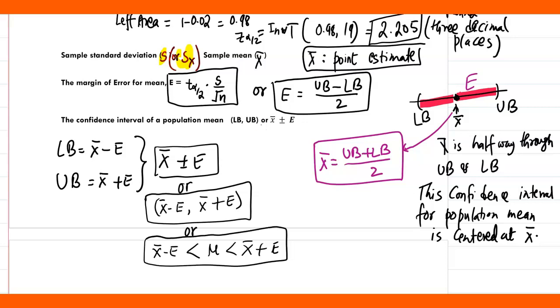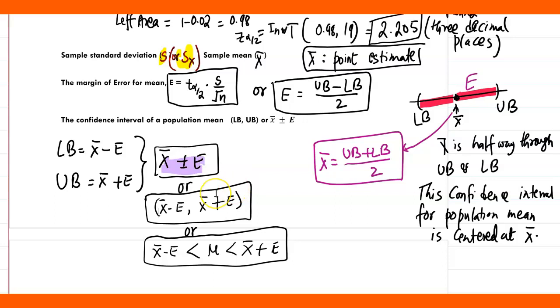In the homework or quizzes, you can see either the x bar plus minus e format, or the parenthesis format, or the inequality format.